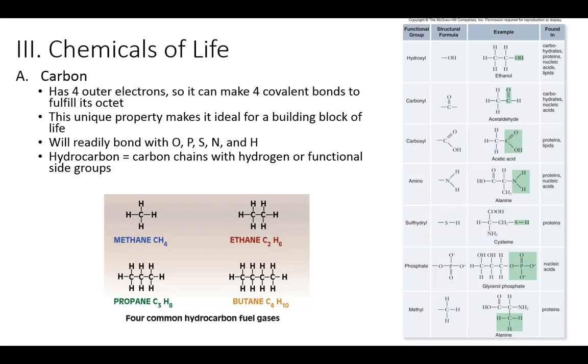It can form a number of bonds with a number of different elements, and it can also make long chains of carbons attached to other carbons, and those are called hydrocarbons. So it is unique in that way, and because of its unique properties, it is a building block.